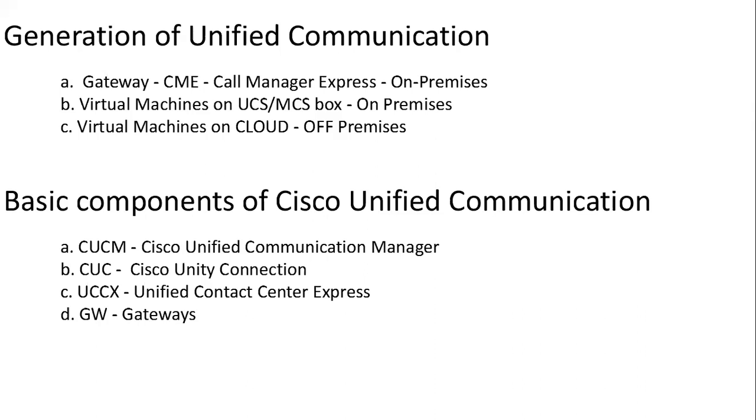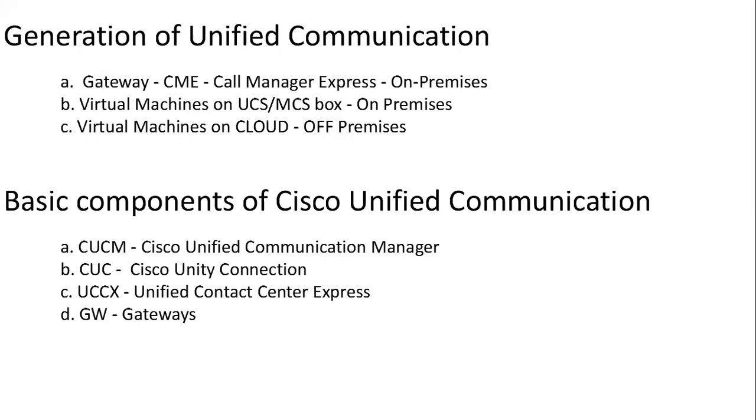And above that, the application is installed, which is the call manager, Unity Connection, or any application that we are running. So this is the basic architecture for any kind of application hosted over virtual machines. First comes the raw hardware, then the hypervisor, then the operating system, and then the application.